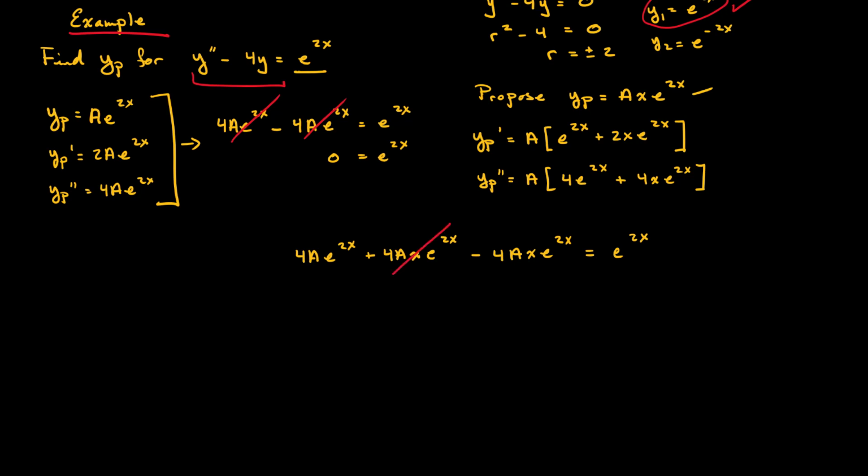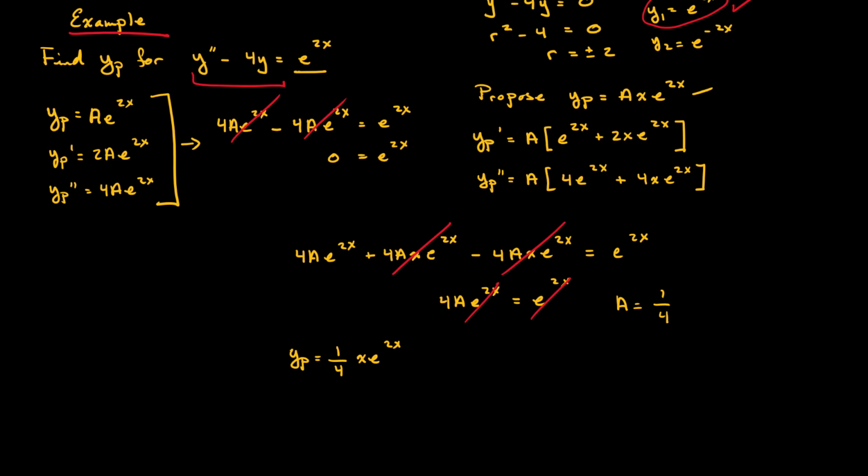So we see that terms 2 and 3 cancel each other out. So we are left with 4a e to the 2x is equal to e to the 2x. We can further cancel these, giving us a is equal to 1 over 4. So the appropriate particular solution, yp, is equal to 1 over 4 x e to the 2x.